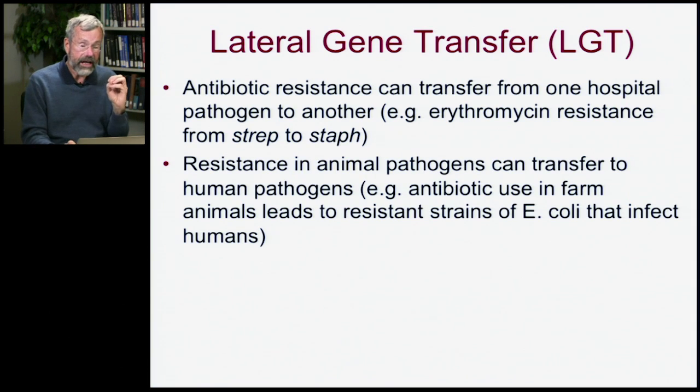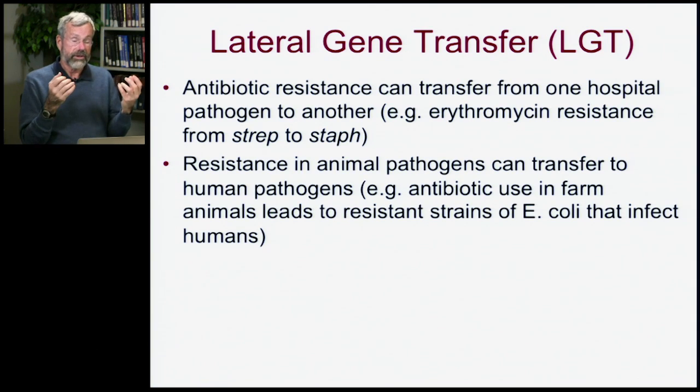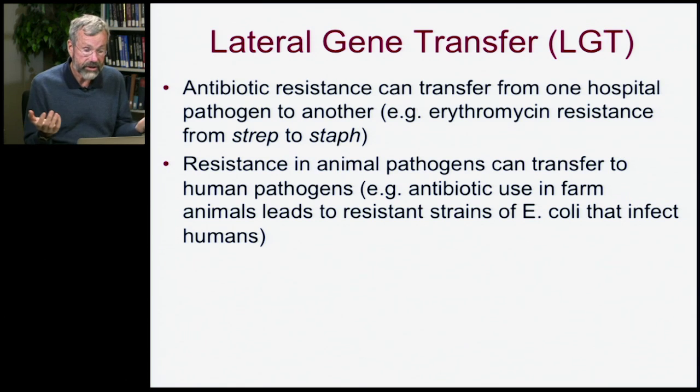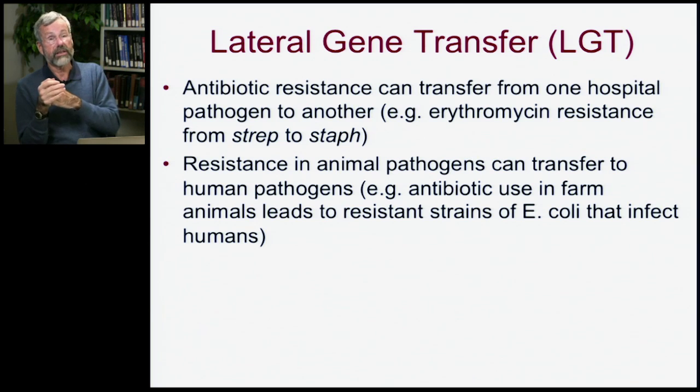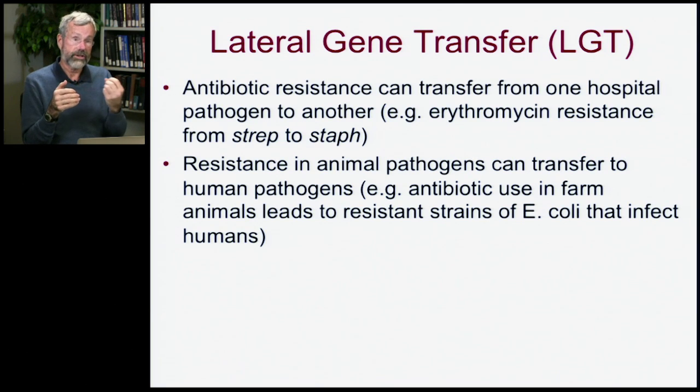And resistance in animal pathogens can also do this, so that we could have too much antibiotic use in, say, farms and ranches, and the resistance can develop then in the livestock, and then the bacteria that develop that resistance may cross-infect in humans, and then occasionally the gene for resistance gets transferred into a human form of the bacteria.